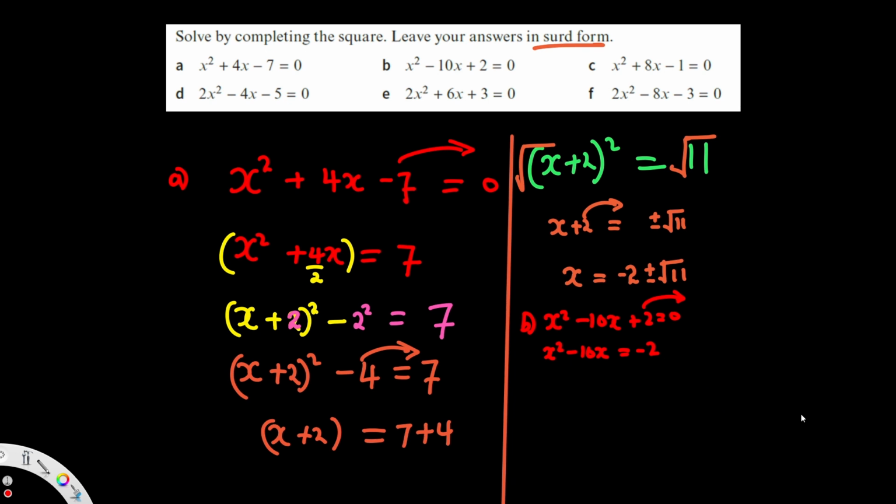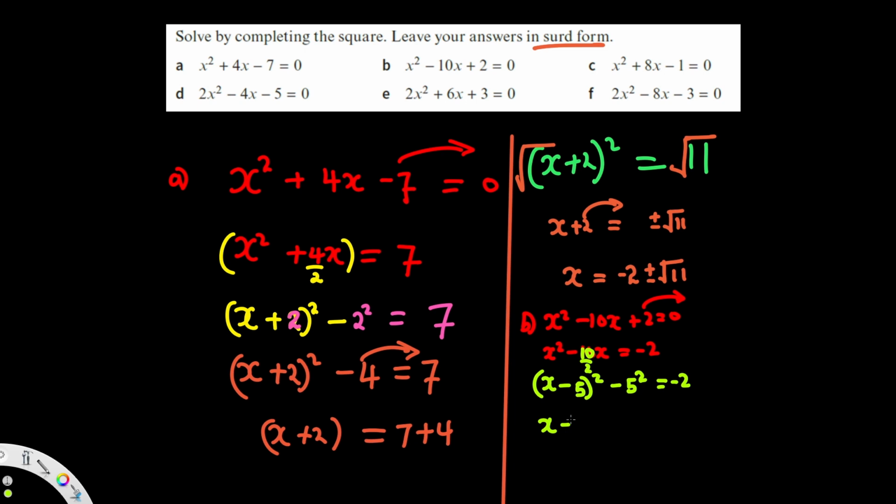Then here we are going to take x minus half of 10, which is going to be 5. So we shall write 5 down here, then we square that. Then we're going to subtract the square of 5, minus the square of 5 equals negative 2.